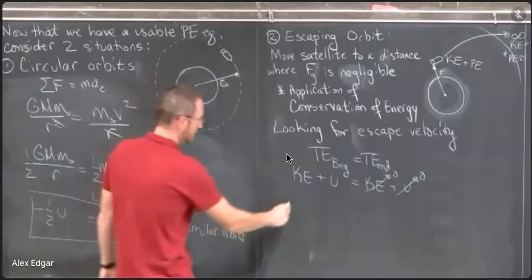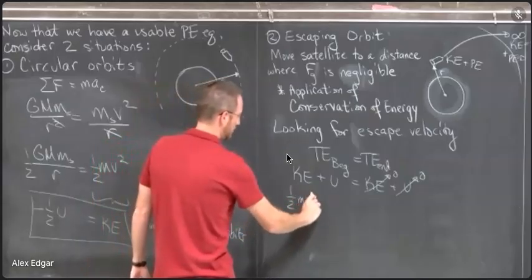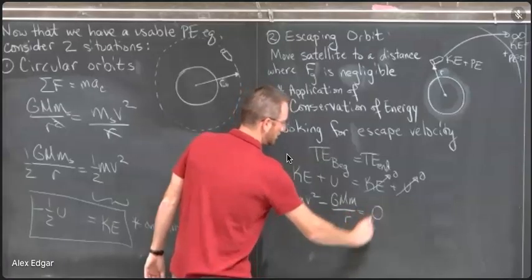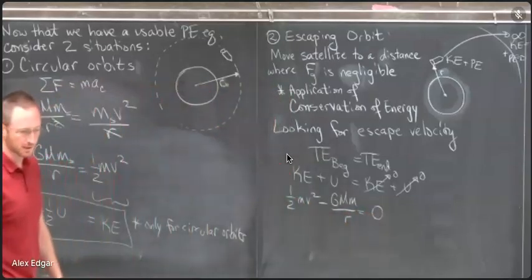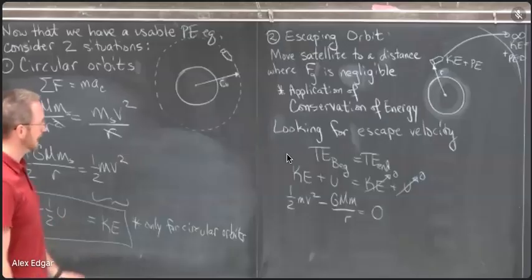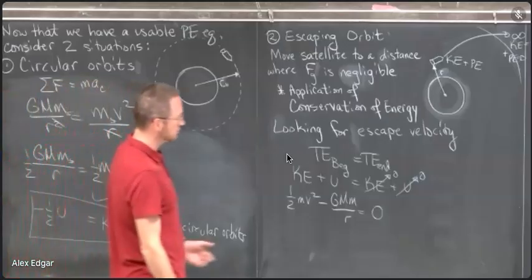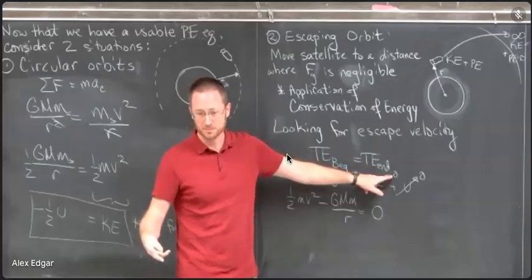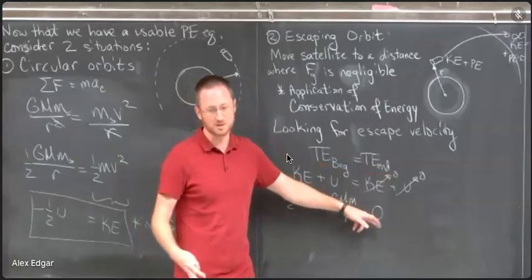Kinetic energy is 1/2 mv squared. Potential energy is negative GMm over r. And then we end up with a big fat zero on the right. Now, once in a while, you'll be asked to find a situation where the kinetic energy is not zero very far away. At which point, this isn't zero, this is something else.